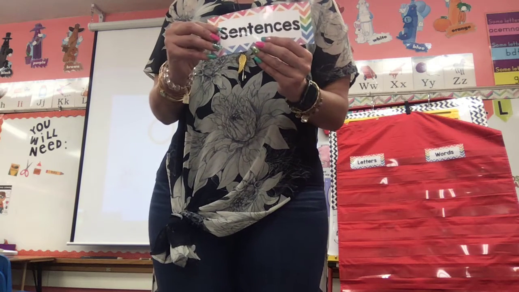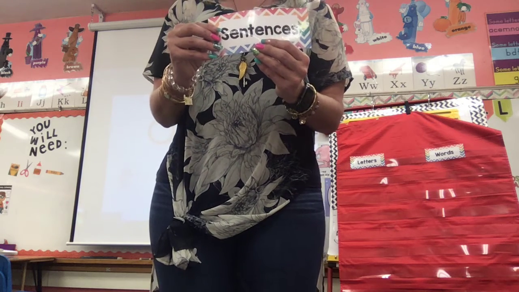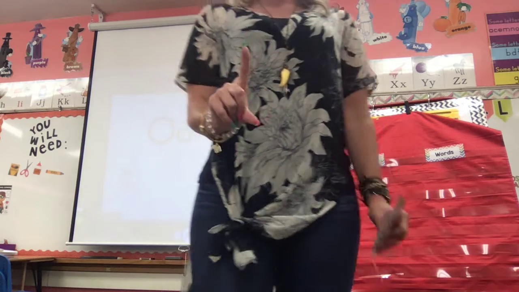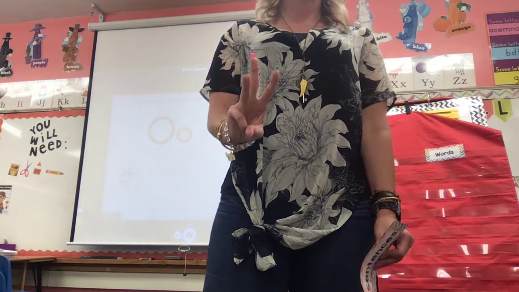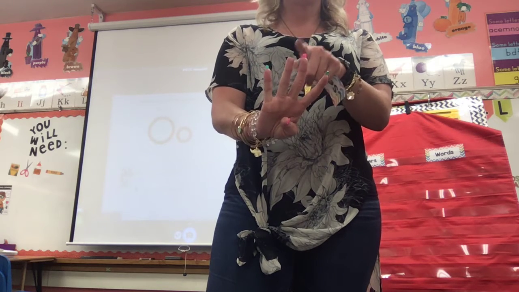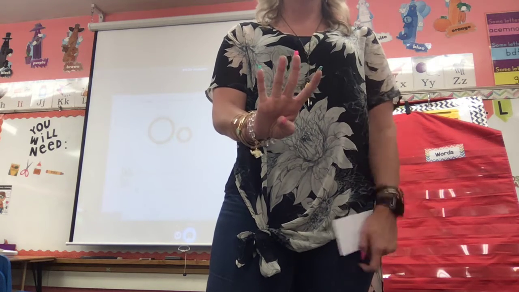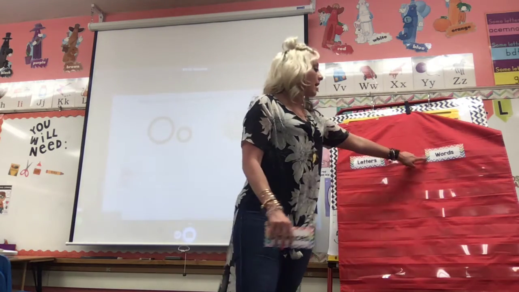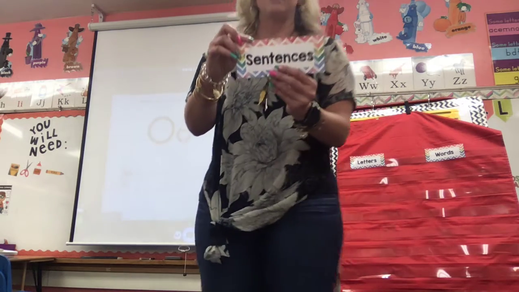So I might say, the cat is black. That's a whole sentence. My cat is black. It has 1, 2, 3, 4 words. There are words that make up my sentence.